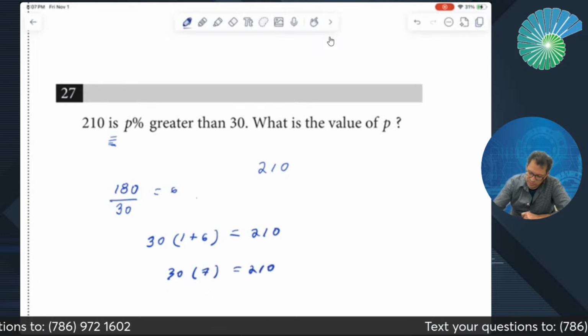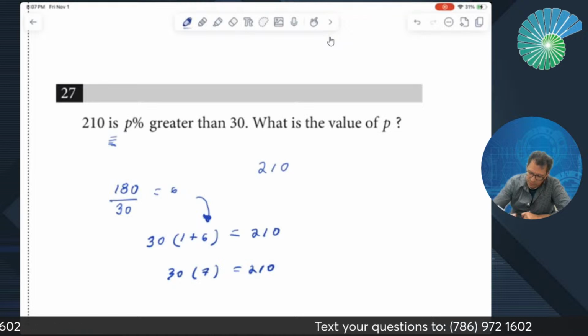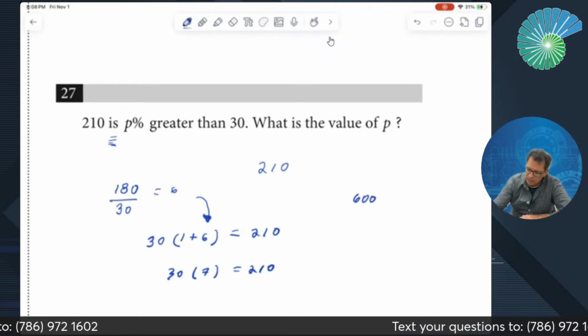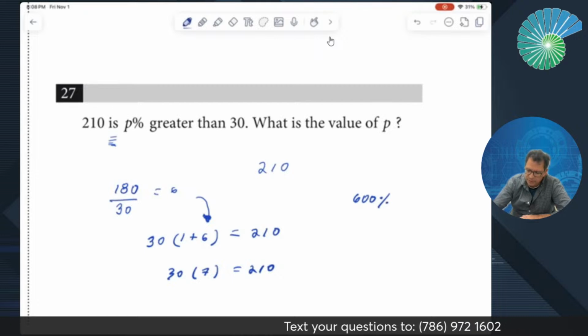Which really means that 210 is not 700% greater than 30, but 600% greater than 30.